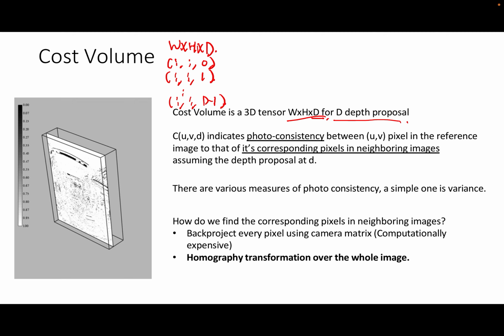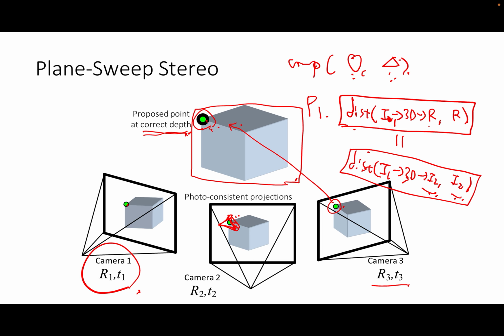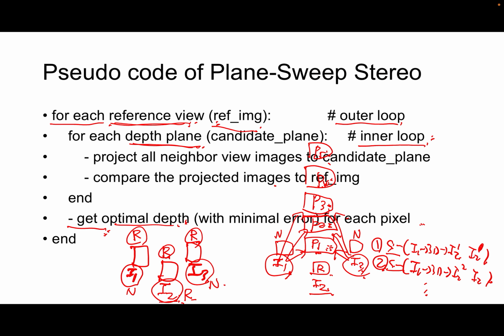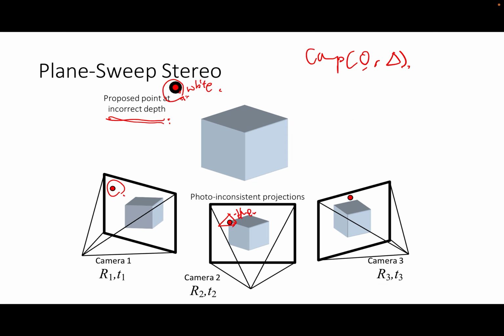So there are D planes, and each plane has a width times height shape. This one is from P1, this one is from P2, this one is from PD. We can construct multiple depth planes, and then construct similarity from each plane. That becomes each plane in the cost volume.